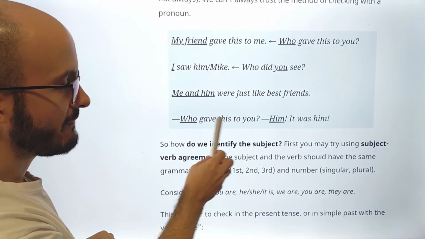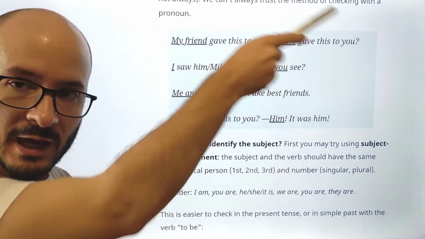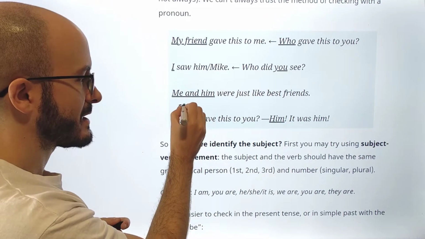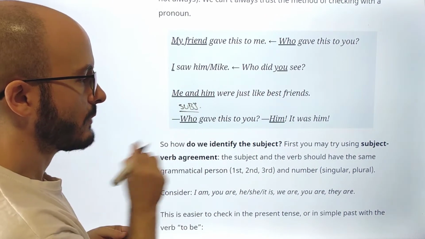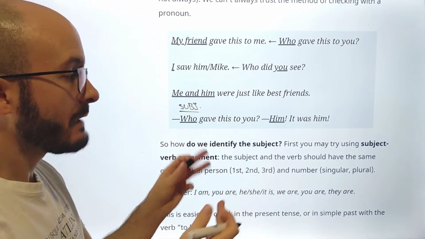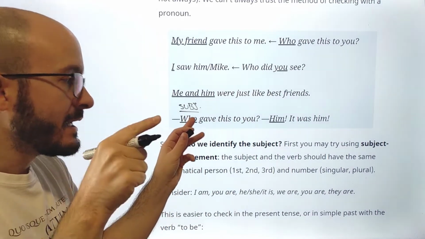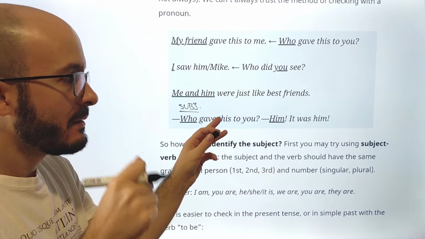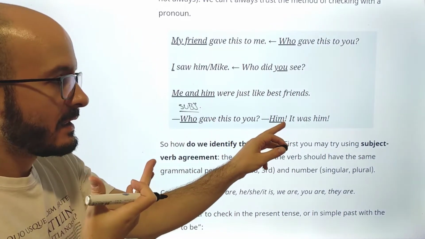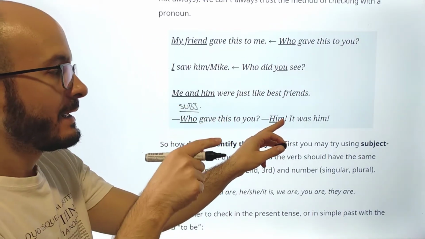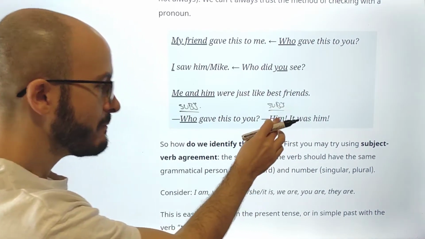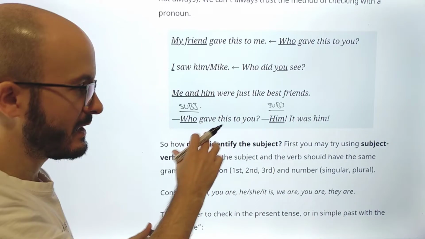Now, who gave this to you? Him. It was him. So again, here it is actually the subject. Who gave this to you? And we would answer, he gave this to me. So he is also the subject. But then if we answer like this, him, it was him, technically this would also be the subject: him gave this to me, or him gave this to you.